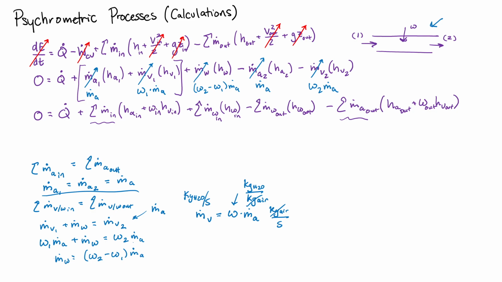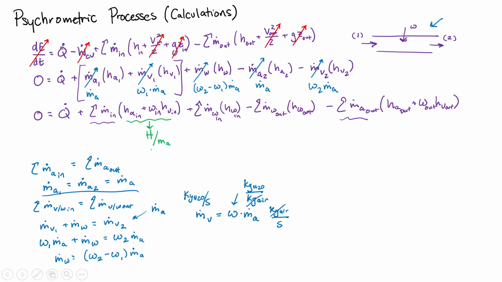Okay, last simplification we can do here is a simplification for if we are using our tables, because the reason we went through all of this is this term right here is just our big H divided by mass air. That is our enthalpy per unit mass air of our total piece.